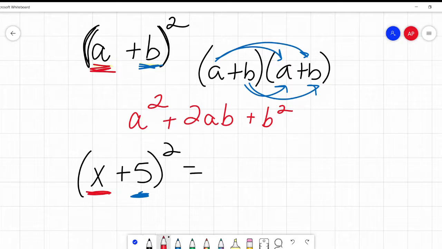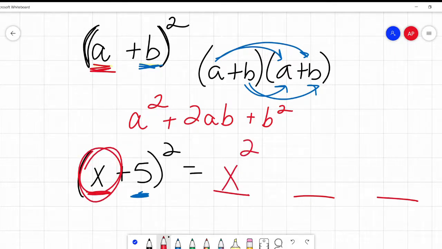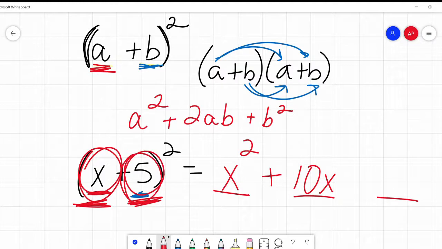So the pattern says that my result will have 3 terms, and the first one will be this term squared, so x times x is x squared. Then it will be 2 times this term times that term. 2 times x times positive 5 is positive 10x. And my last term will be this one squared. So positive 5 squared is positive 25.